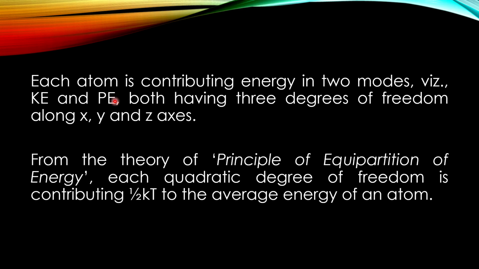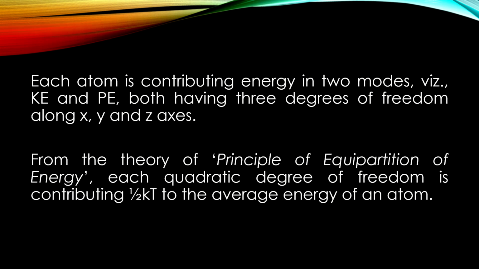From the principle of equipartition of energy, each quadratic degree of freedom, for example kinetic energy along the x-axis, has the value half kT. So the value should be 2 into 3 into half kT. Now how many atoms are here? Na atoms. So to determine the overall energy, this will be multiplied by Na.